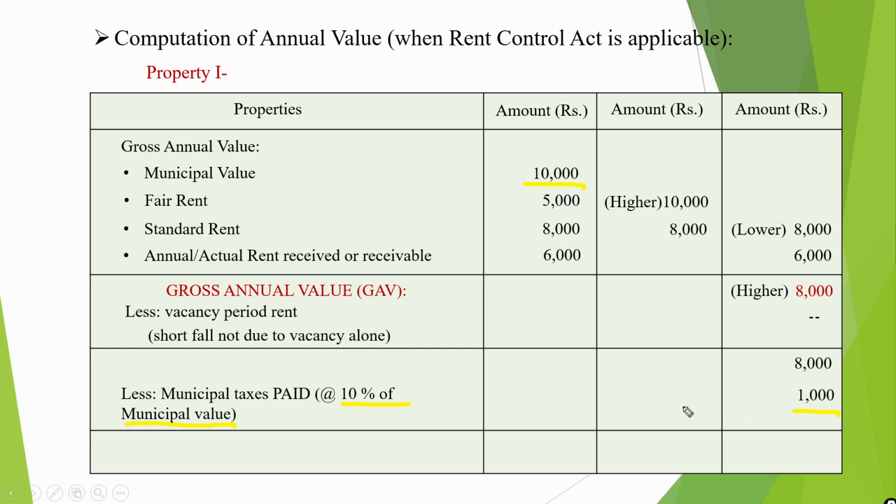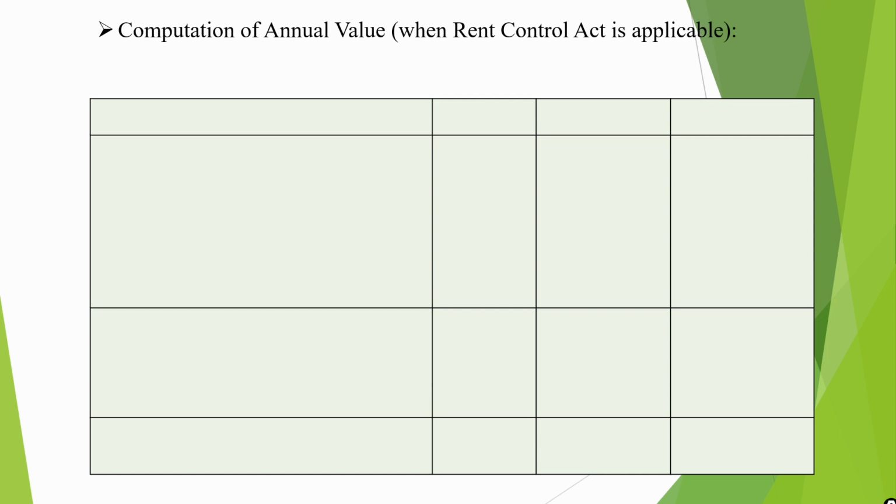Okay, and you have to deduct the 1,000 from gross annual value, then you will get the net annual value, that is rupees 7,000. And for house property 1, the net annual value is rupees 7,000. Is it clear? Do you understand? Okay. These simple steps you have to follow.